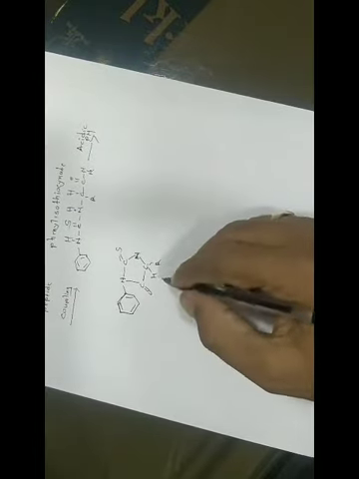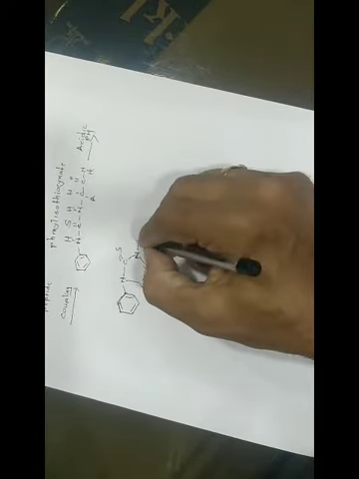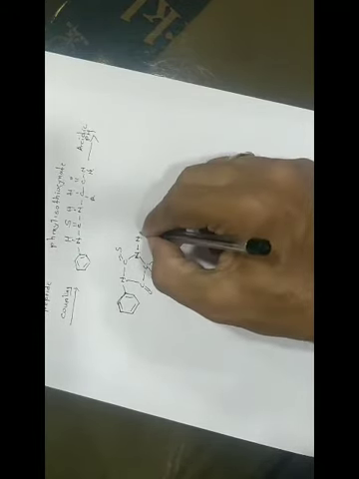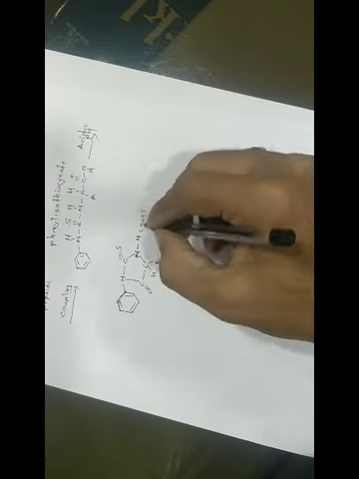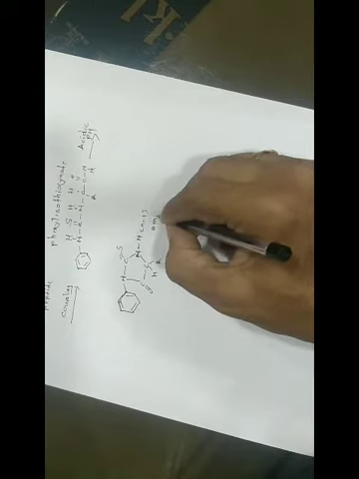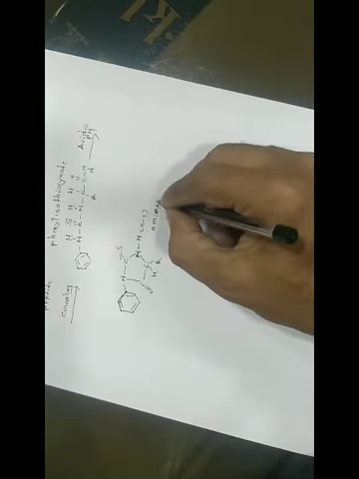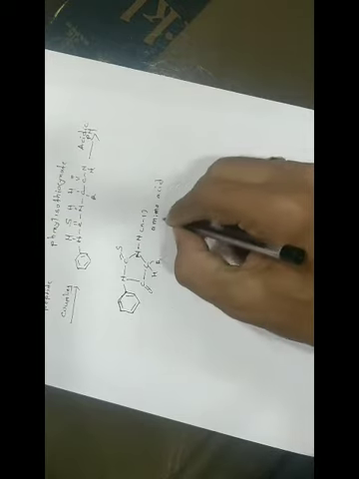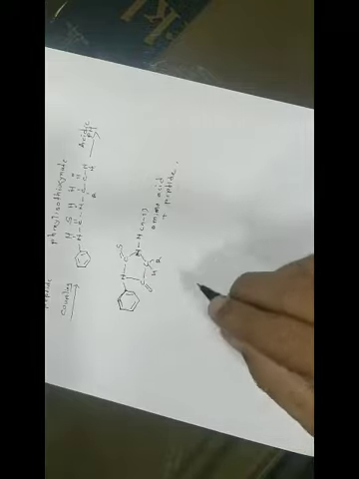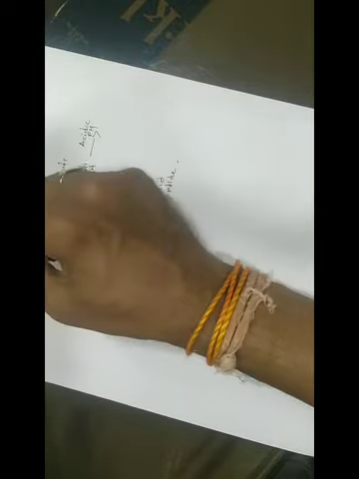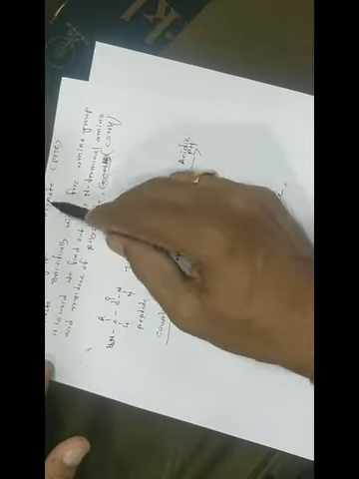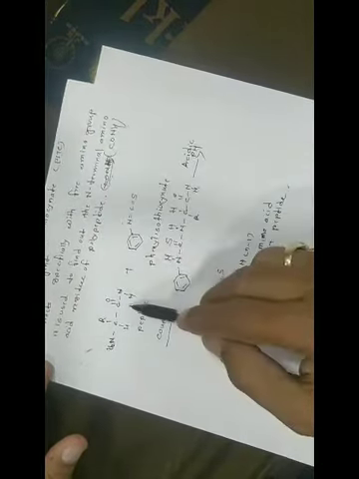Here is N, H, the N minus 1 amino acid plus peptide. The reaction of phenyl thiocyanate with the amino acid: this is phenyl thiocyanate.